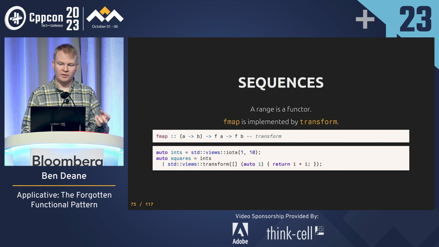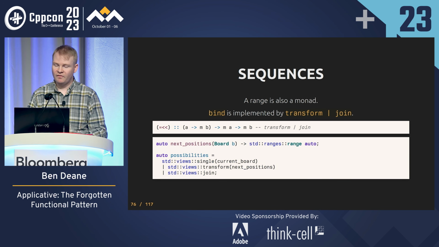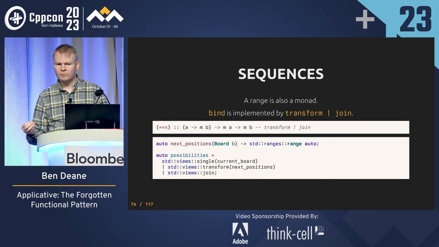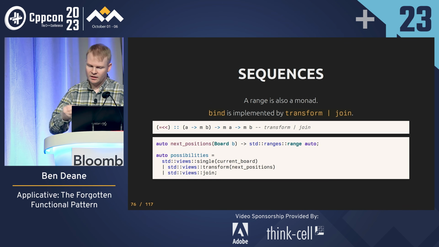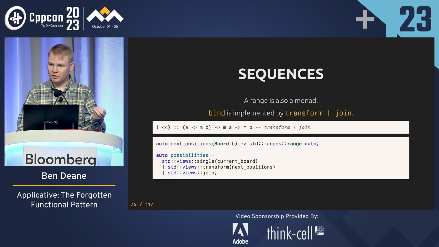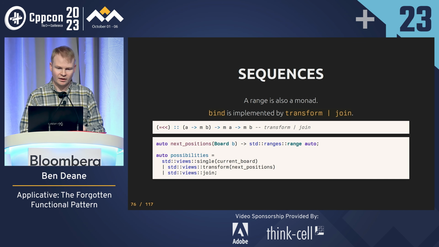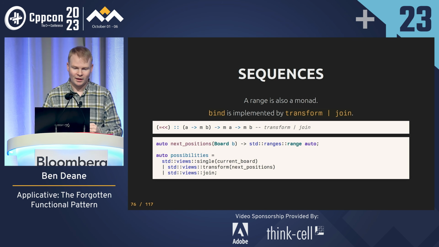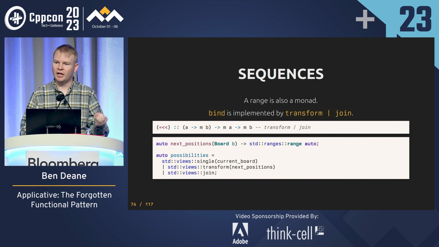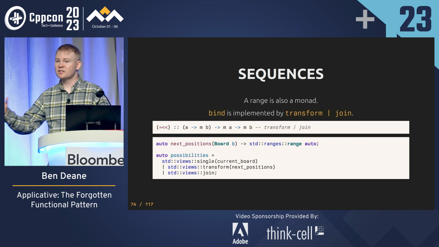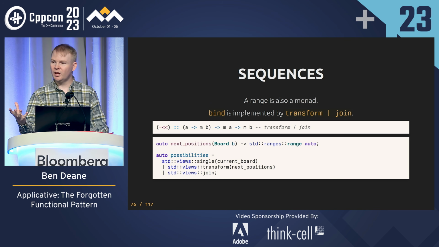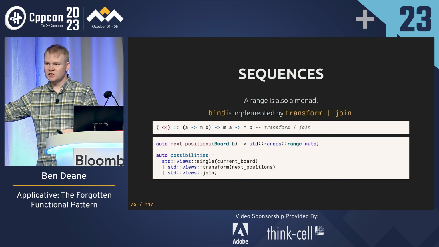And we know also that a range is a monad. In fact, in C++20, or I think 20, certainly if not 20, then 23, we have range functions called transform and join. Thank you, Tristan, for confirming. And so, if we have a monadic operation like min-maxing a chess game, right? Given a board position, we can compute the next board positions possible.